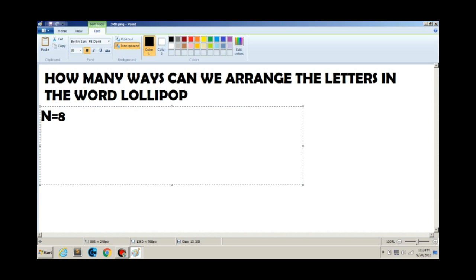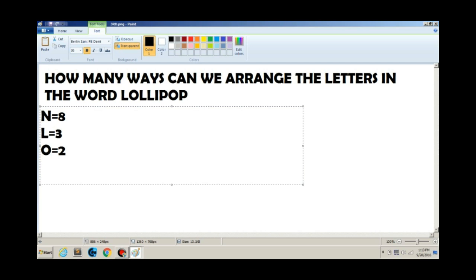Let's go first with letter L. How many times did letter L repeat? 3. So we're going to set 3 for letter L. The other one is O. O repeats 2 times, so 2.